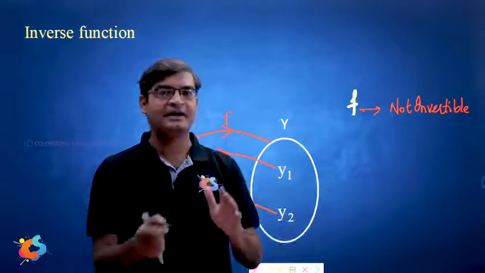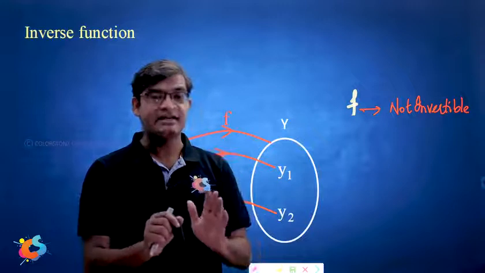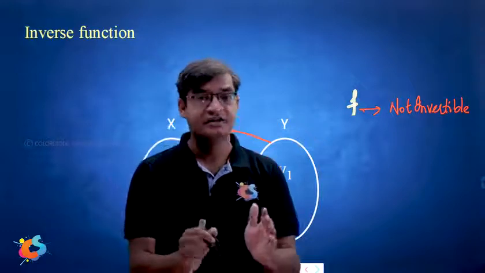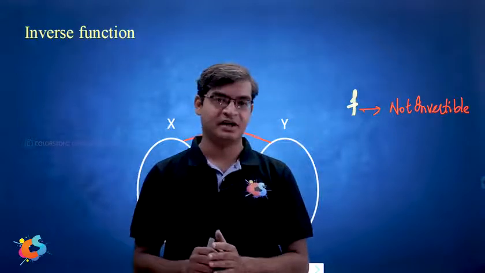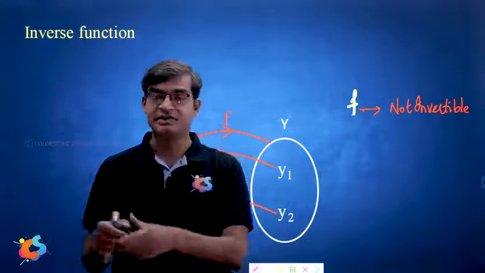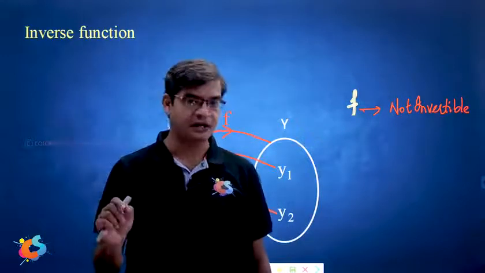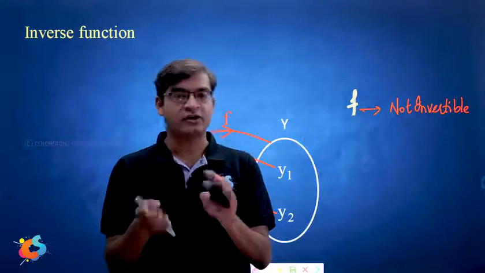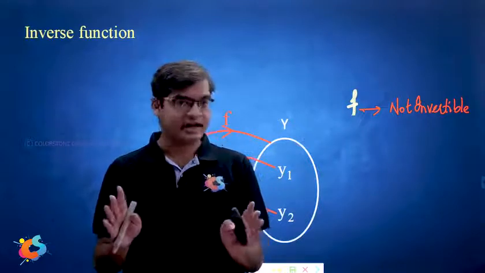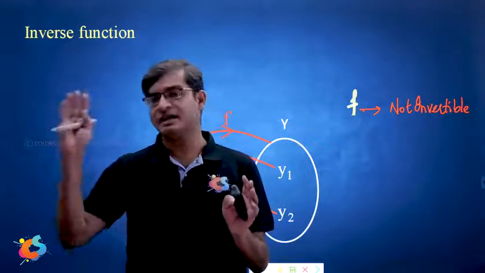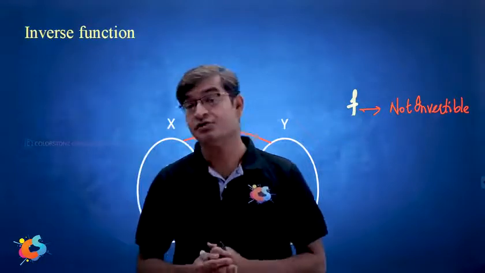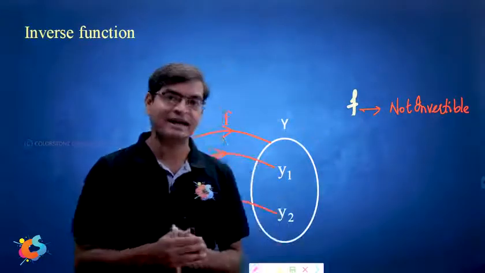Let us not complicate it right now. Let us just understand that there are some functions for which the inverse function does not exist. There is no function for which if you interchange the domain and codomain and you take the composite of f and g, then you will get identity function. So there is no g like that. So there are some functions which are not invertible. We will discuss that little later.